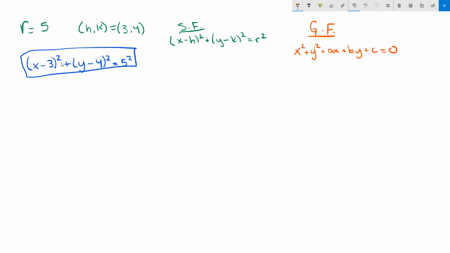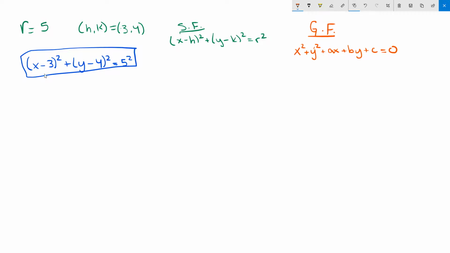Our goal here is to expand all of this and reorganize it so that we have something that looks more like this. Let's get started. First, let's change the way this is written so we can start expanding. Anything that's squared is just that part multiplied by itself.